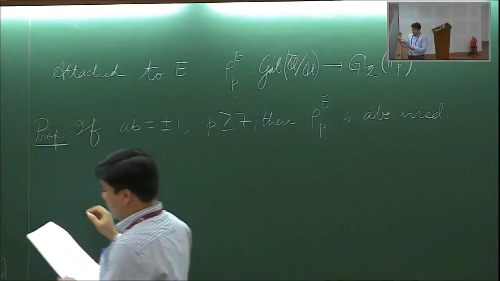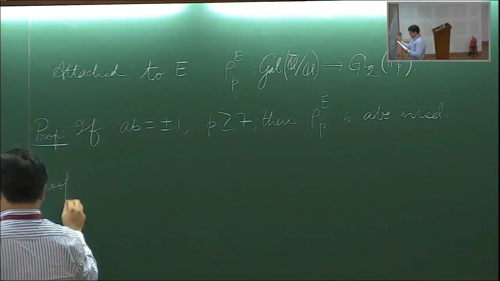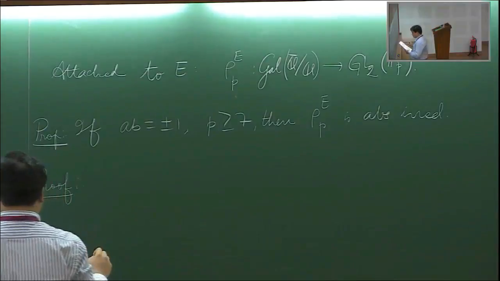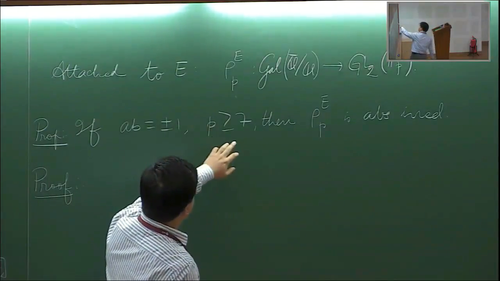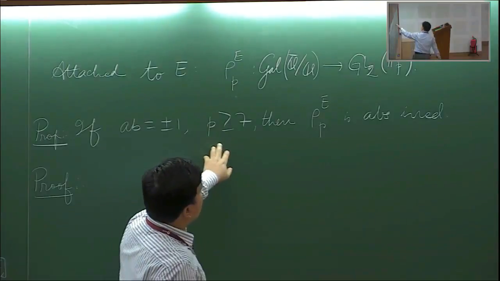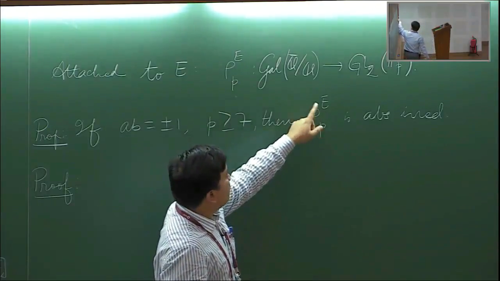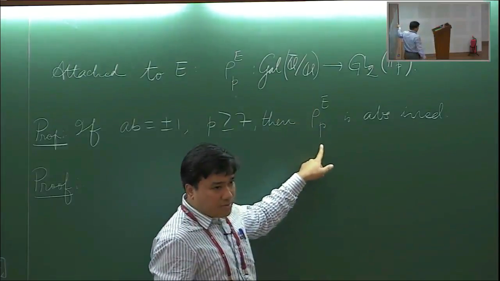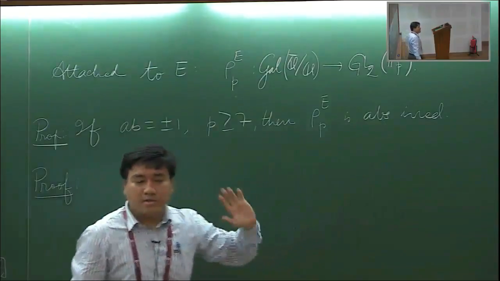Right, so the proof is, it's enough to prove that, as Ganesh was saying last time, for a statement like this, if I can prove that rho_{E,P} is irreducible, then it automatically follows that this is absolutely irreducible.